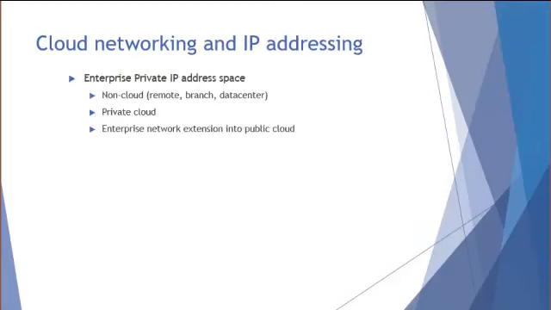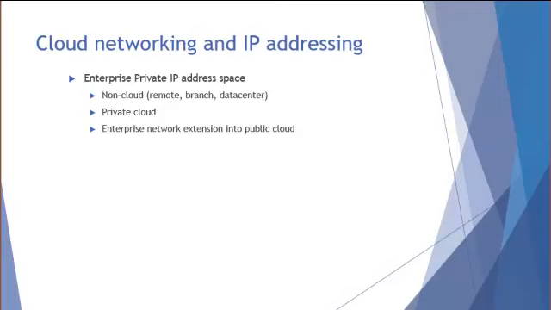So your enterprise private address space, so certainly your non-cloud, your traditional network, remote branch data center space, managing that through whatever means you use today. A private cloud, let's say you're using VMware or Oracle VM or some other sort of Zen hypervisor within your environment, just for the efficiencies that we mentioned in terms of leveraging common hardware for multiple applications and elasticity.